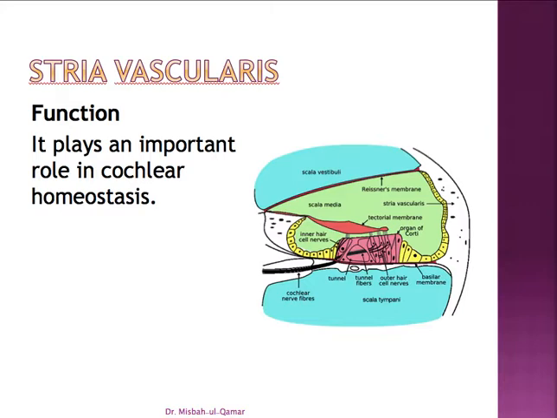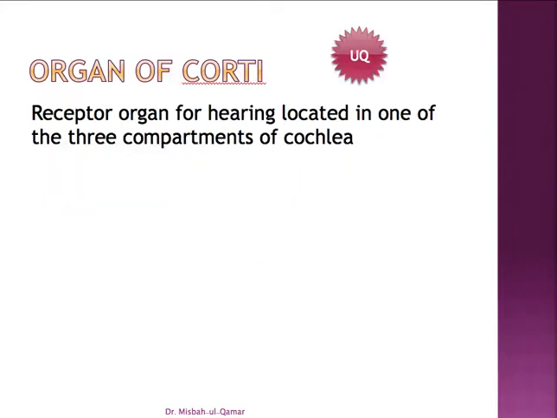So the functional units of the cochlea were the spiral ganglion, this stria vascularis, and the organ of Corti. The organ of Corti could be considered as the body's microphone.